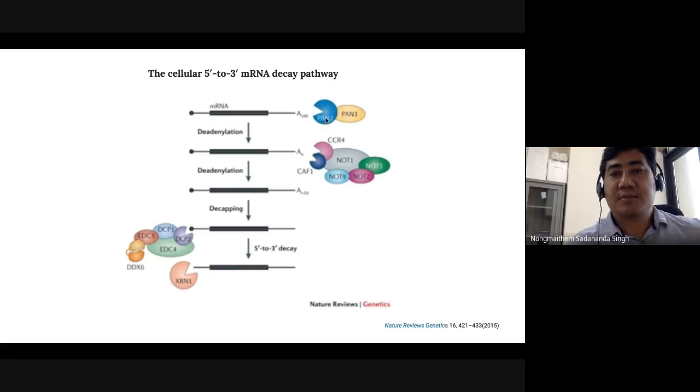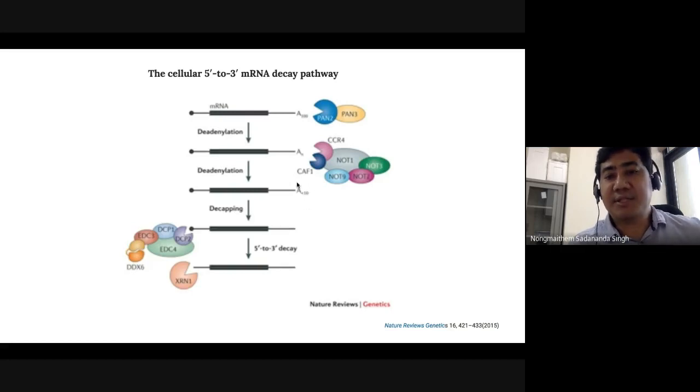So this leads to the deadenylation of the poly-A tail to a certain extent, and then recruits other factors like CAF1, the NOT complex, CCR4, this kind of complex, and completely deadenylates to around 10 or fewer poly-A tail.